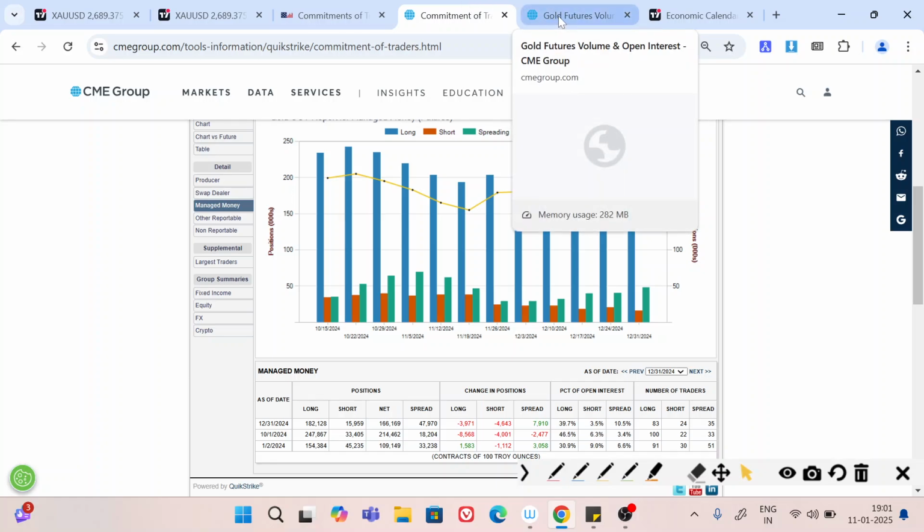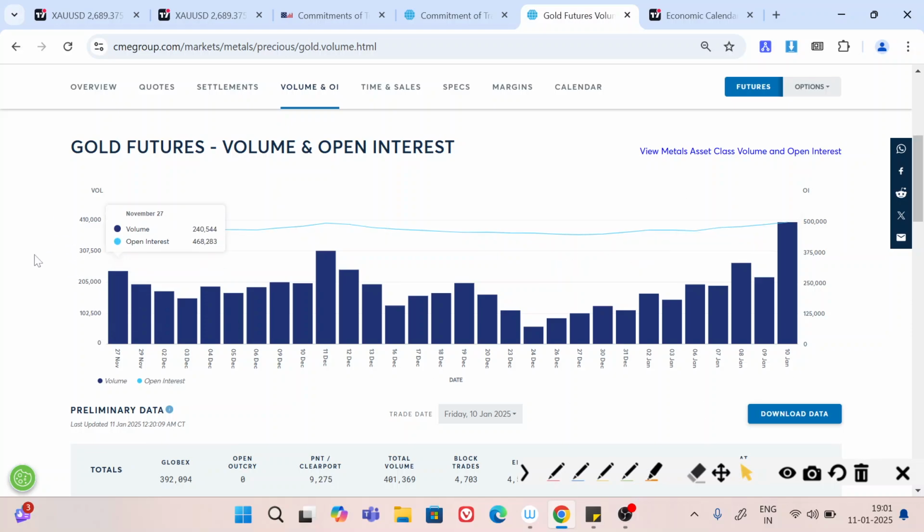But for this particular video, let's start with the volume and open interest data from the gold futures. If you remember the previous week analysis videos, I clearly mentioned that we have to look for buy only, and that if we see a continuous or consistent rise in volume, then that will add a good confirmation.